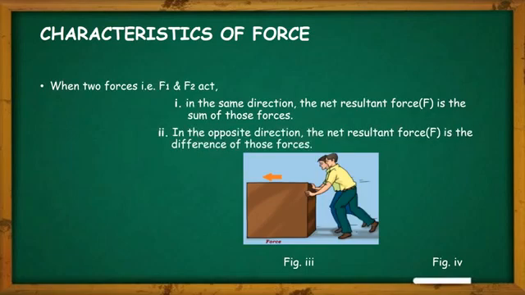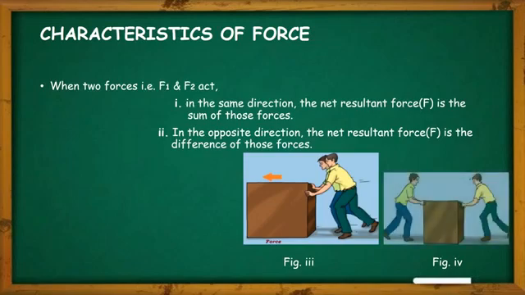But what will happen if two opposite forces are acting upon an object? For example, in the second figure, you can see two people pulling the box towards themselves. Here both people are trying to pull the wooden object towards them. In this case, the net resultant force will be the difference of the two forces.